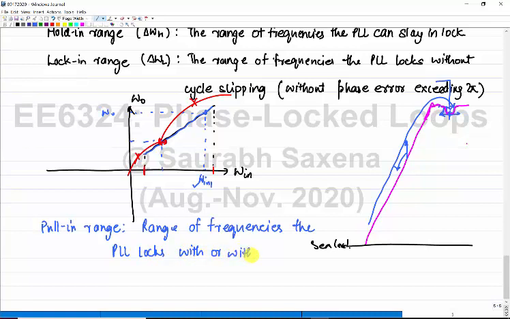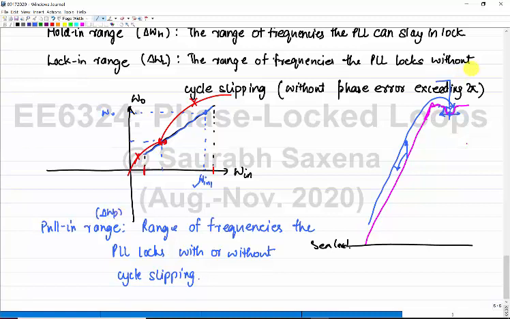It is not at all constrained. So here your phase error can exceed 2 pi and you can still lock, and this is normally denoted by delta omega p.